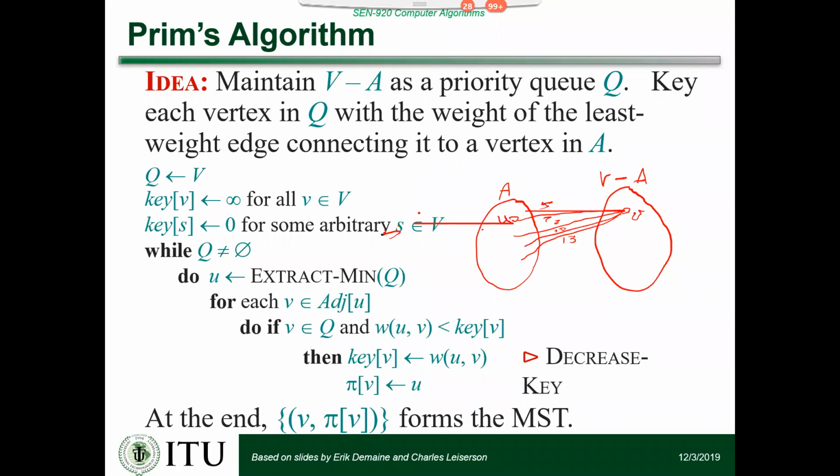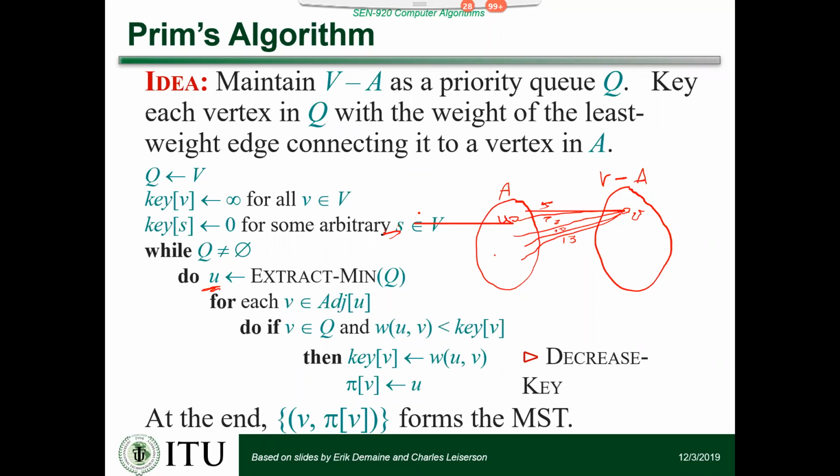So every time in Prim's algorithm, in this while loop, we do extract min. Extract min is going to go to this V minus A and extract the vertex with the smallest key, which is the smallest edge weight. We're going to extract that vertex, and that's called U. This U will be the vertex that will be added into the A side.